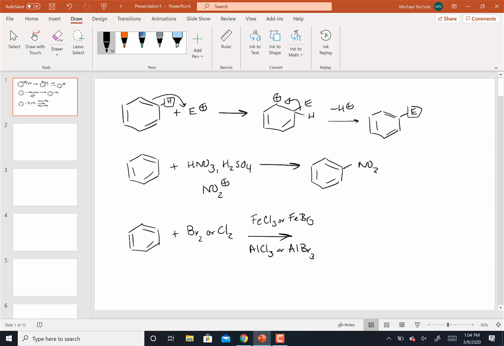That would allow us to put a halogen on the ring, either a chloride or a bromide. Just the chlorine or bromine itself will not react with the ring. It needs the iron or the aluminum.